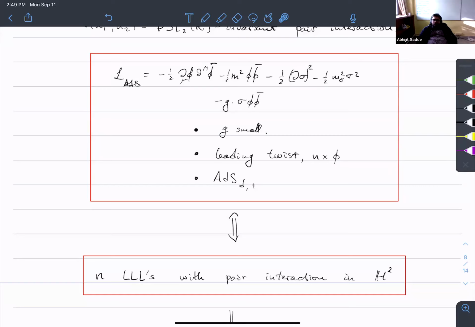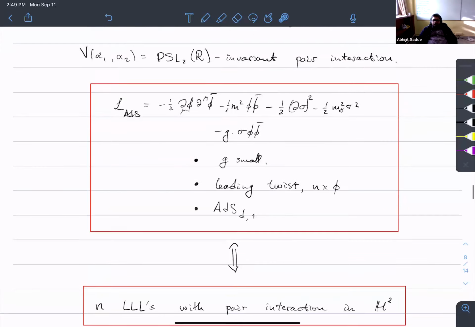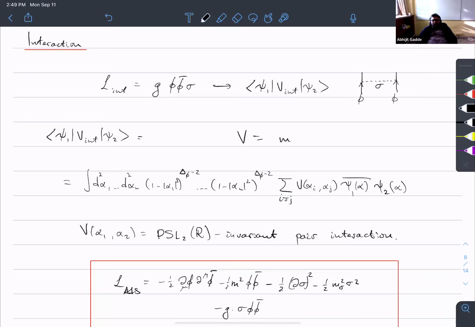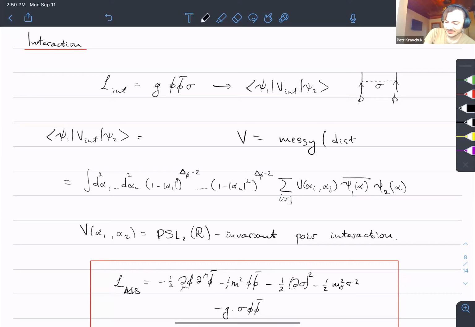Can you write down the form of V? Sorry, what is V exactly? V of alpha 1, alpha 2. Can you write it down? Well, I can write it in the sense that V is PSL2R invariant. What does that mean? It's a messy function of the distance from alpha 1 to alpha 2.